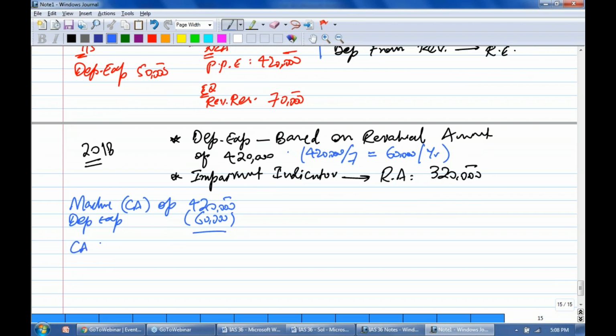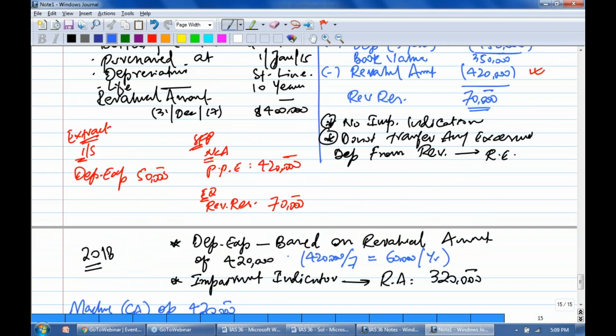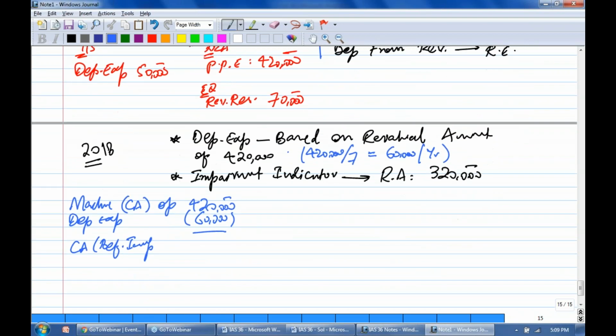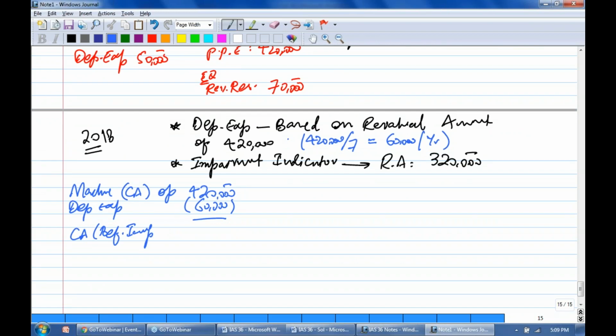So this is the carrying amount before impairment, yes? And that is 420 minus 60. That is the value of 360,000.